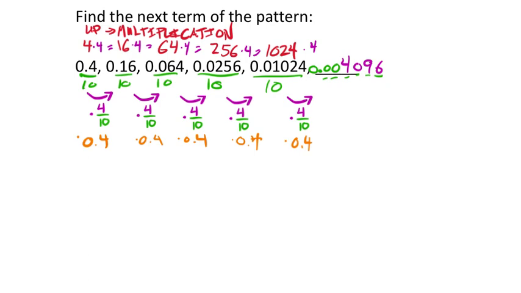Okay, so this is going to take us back to equations, which we're going to see later on today, okay? So if you were to look at this pattern, the original pattern, without saying it's going up, I can see I went from 4/10 down to 16/100, down to 64 thousandths, down to 256 10,000ths, and then down to 1,024 hundred thousandths.